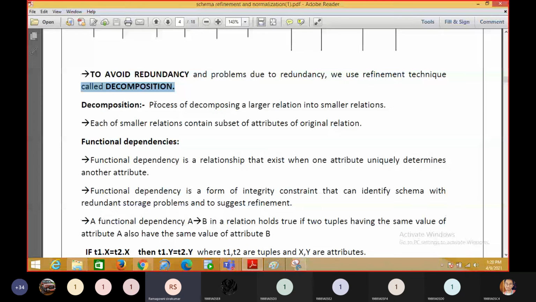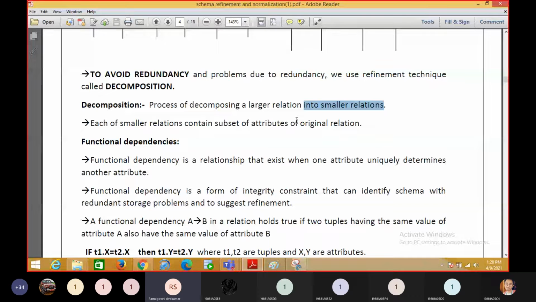Decomposition means the process of decomposing a larger relation into smaller relations. A larger relation means all the data available in only one table. So that table we are dividing into smaller tables, based on the data.